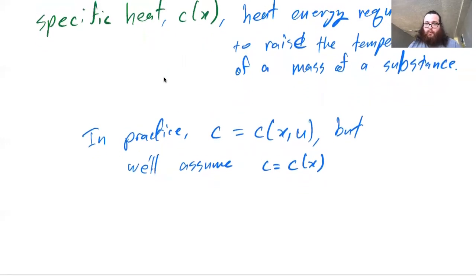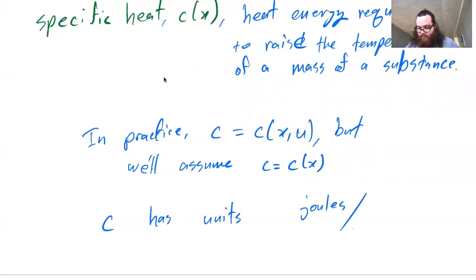And what may help is, well, what are the units of C? Okay, so C has units joules, so energy per mass times temperature.